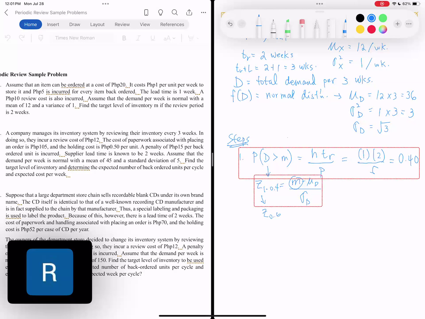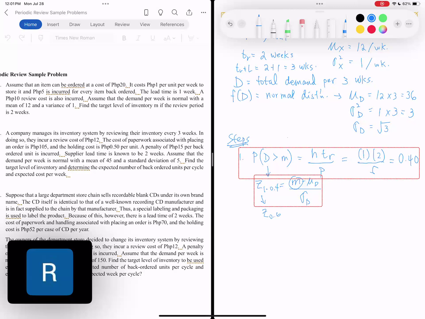Now, in the exam, please follow instructions. If you're given a z table, you have to use your normal distribution table, because there's a slight difference between what your calculator gives you and what the table gives you.